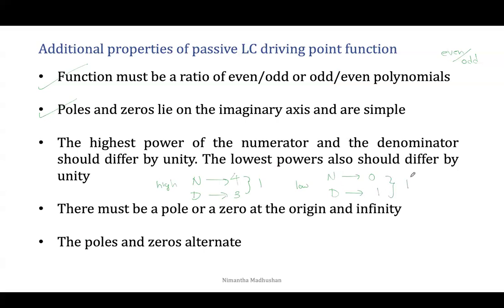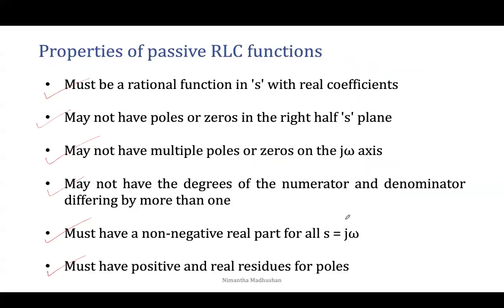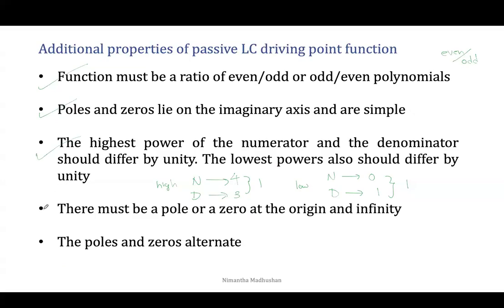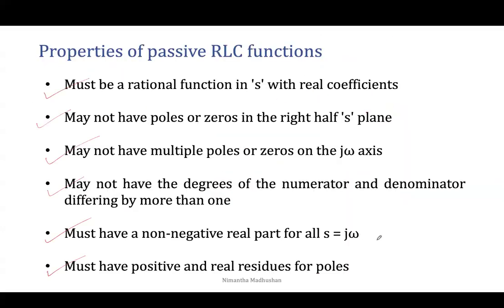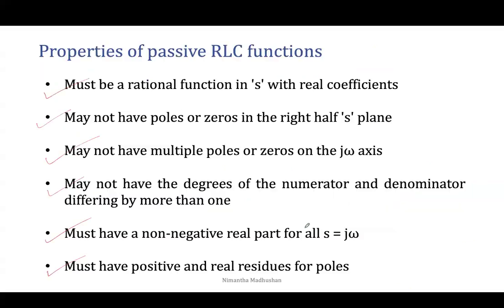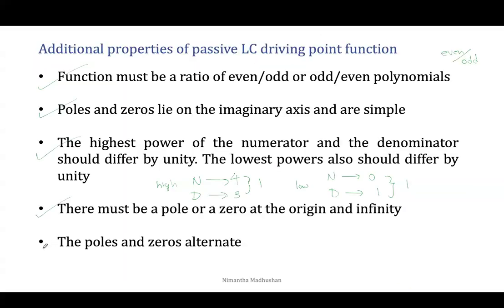The difference is 1. Then the third property is also satisfied. And the fourth one is there must be a pole or zero at the origin and infinity. You can see there is a pole at the origin. The fourth one is okay. And the last one is that the poles and zeros alternate. Here you can see pole, zero, again pole, again zero. Then the last one is also satisfied.